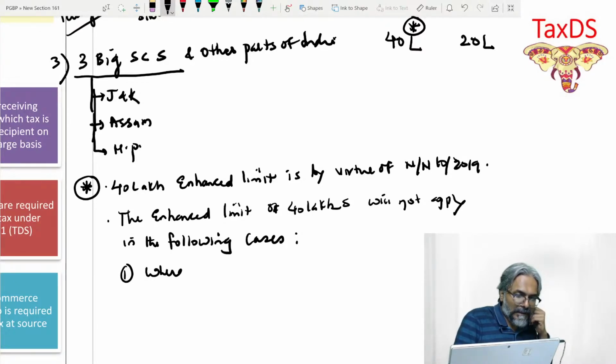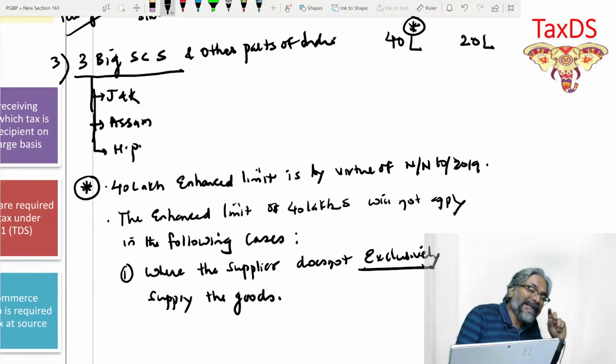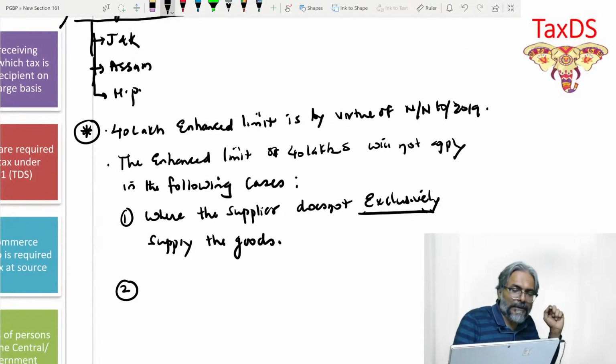First is where the supplier does not exclusively supply the goods. If he is not exclusively supplying the goods, students, then that enhanced limit of 40 lakhs will not be made applicable. That is the point.